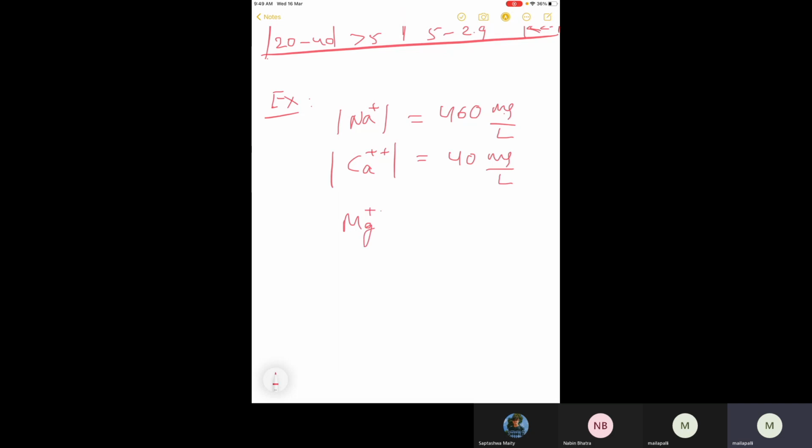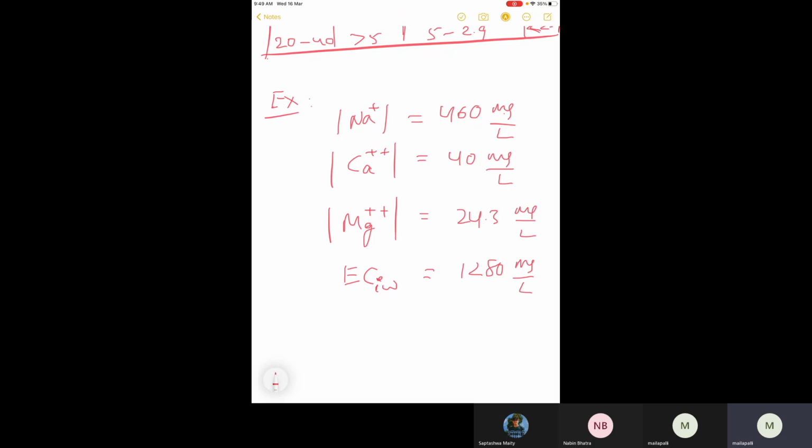The magnesium concentration is given as 24.3 milligram per liter. Then ECIW is 1280 milligram per liter. So this is the data given. The question here is whether applying irrigation water at 1280 milligram per liter electrical conductivity would be hazardous to the plants or not.